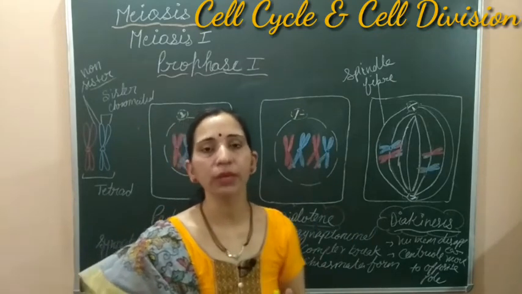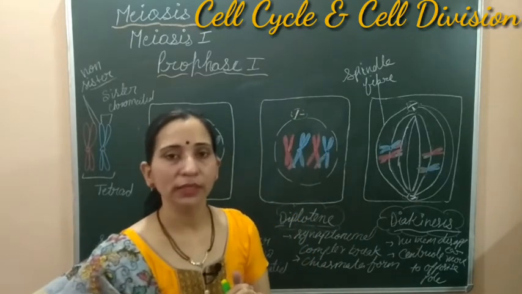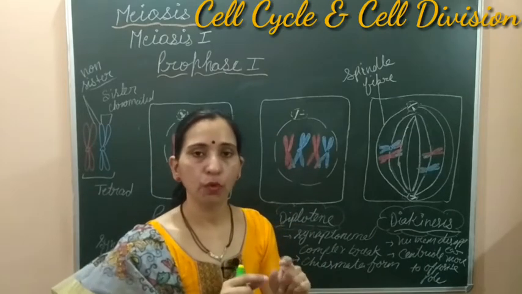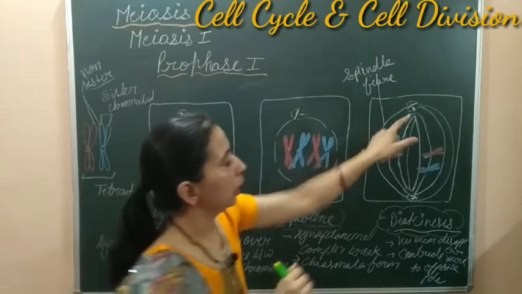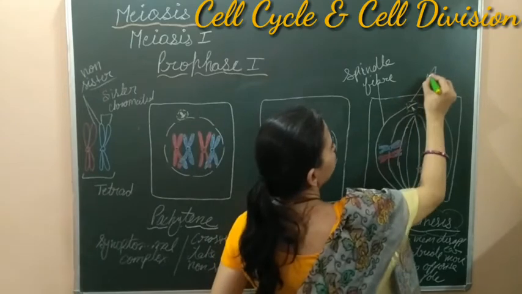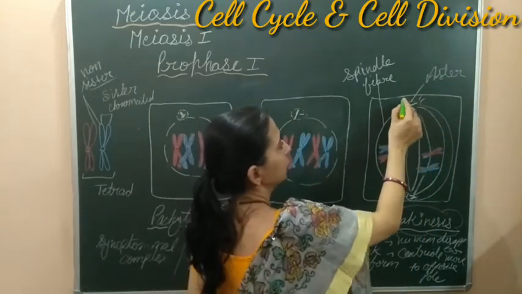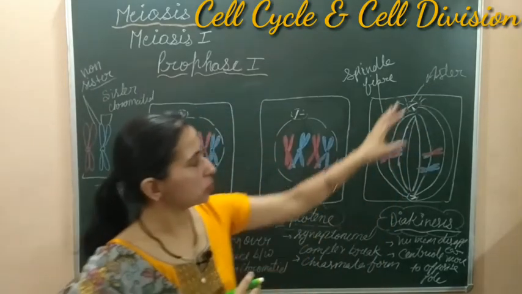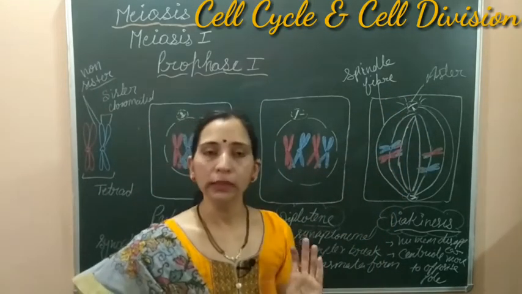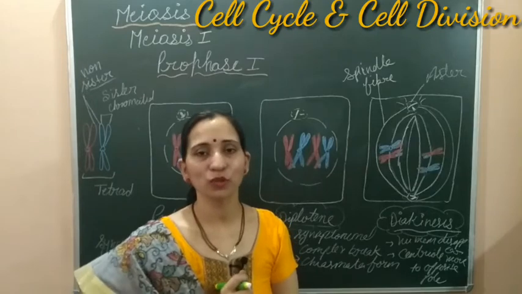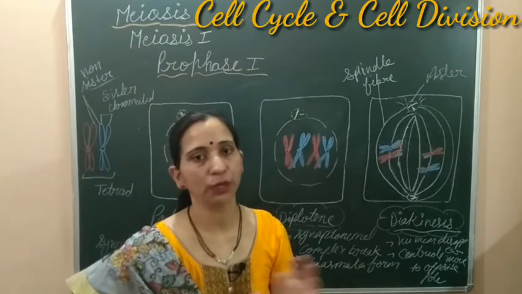Nucleus also gets disappeared, and the centrioles move towards the opposite pole, and they form the spindle fibers. And here, this is the aster. They will form the aster also. When the rays are arising, these are the aster rays, and the structure is aster. Aster and spindle fibers get formed, and the crossed over homologous chromosomes get attached with this spindle fiber.